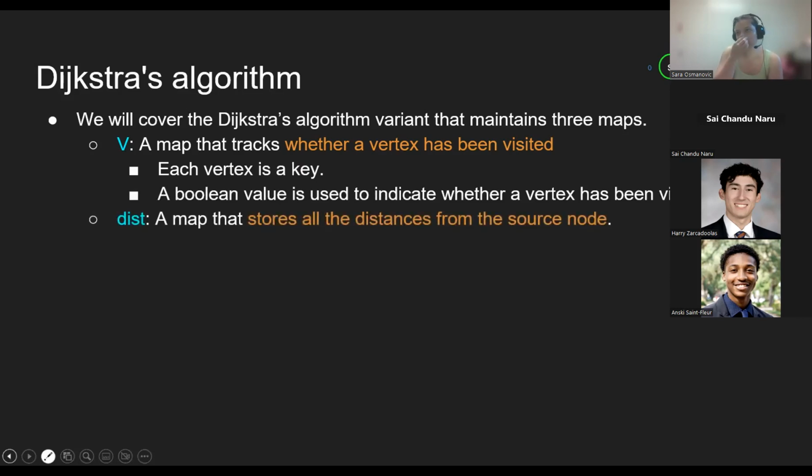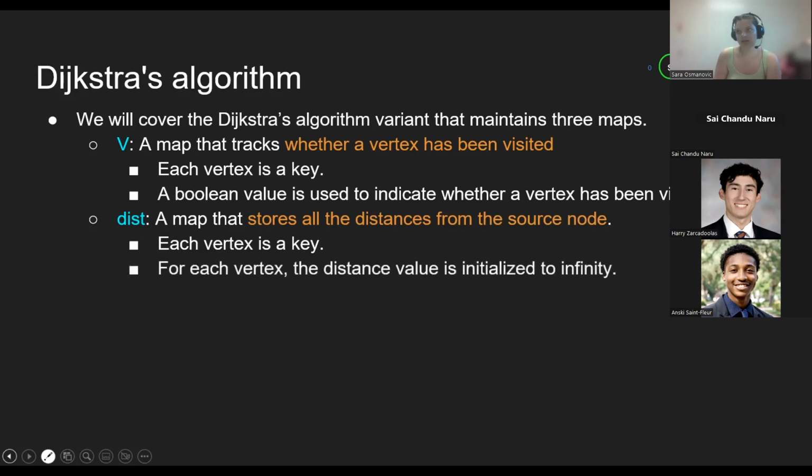A distance map, which stores all the distances from the source node. Each key is a vertex as before, and the value is the distance from the current key to the source node.